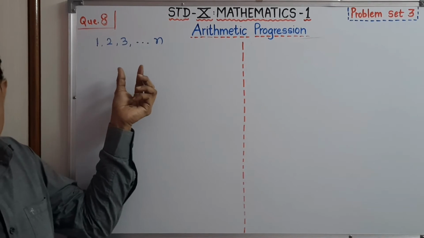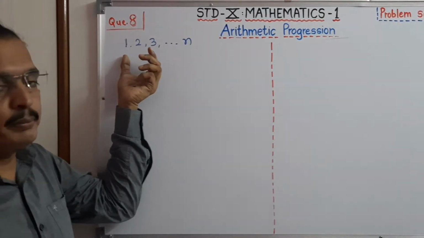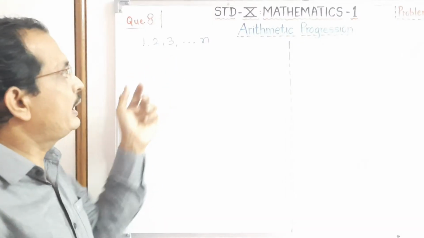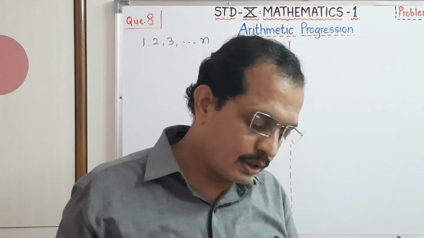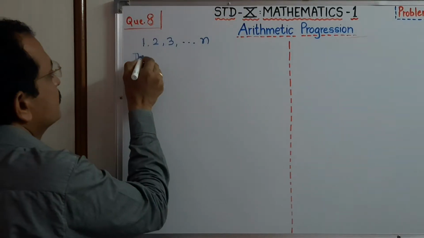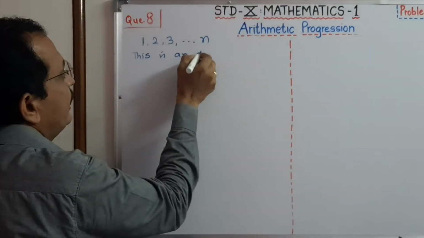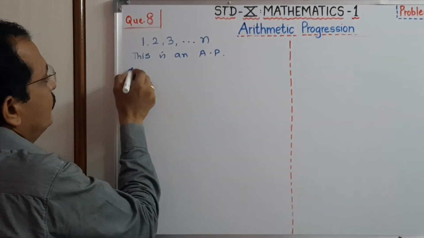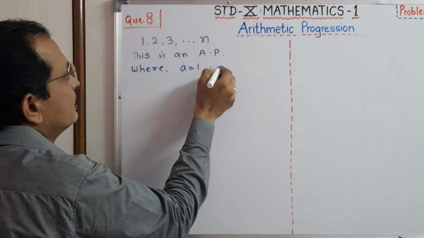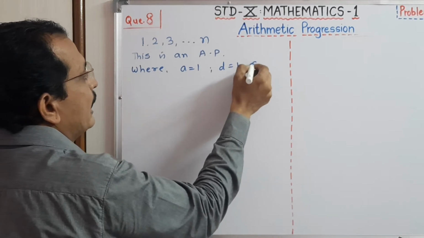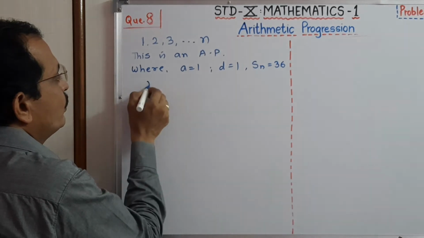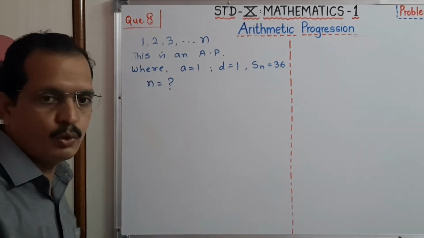In this, the first term will be a equal to 1, and the common difference will be d equal to 1, and Sn is given, it is 36, and we have to find out n. Here this is an AP where a is equal to 1, d is equal to 1 and Sn is equal to 36, and we have to find out n is equal to how much.